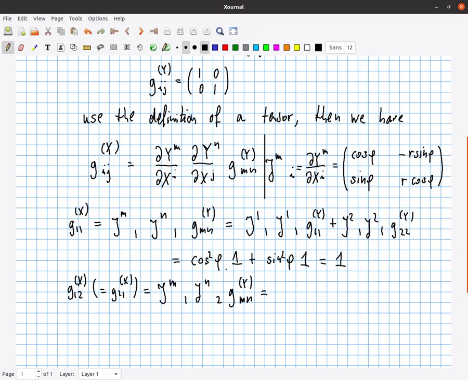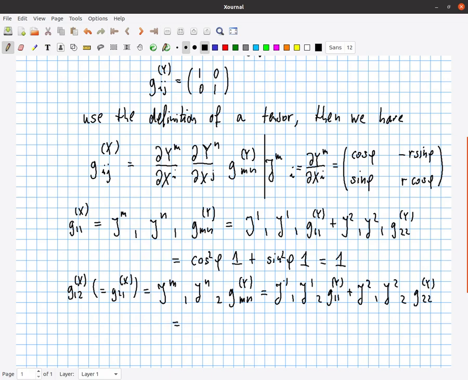The other 2 parts of the sum don't contribute because G is 0. So we get here J 1, 1, J 1, 2, G 1, 1 plus J 2, 1, J 2, 2, G 2, 2 also in the y coordinates.